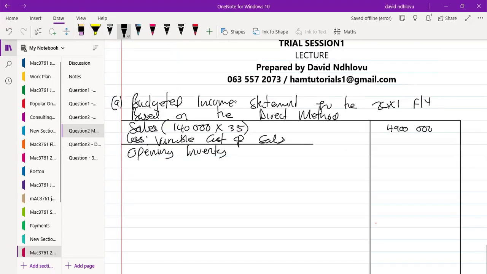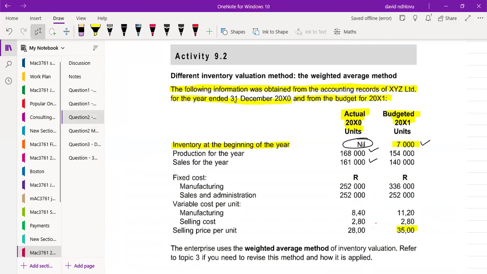So therefore, we need to come here and say 7,000 units multiplied by the cost per unit. So we need to go back again to the prior year and say, what is the cost of this 7,000? Remember, this 7,000 comes from there. It is the residual that was left here. So therefore, that particular cost must be determined from the previous year.